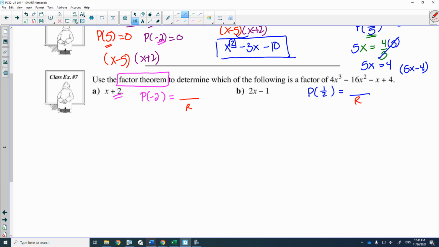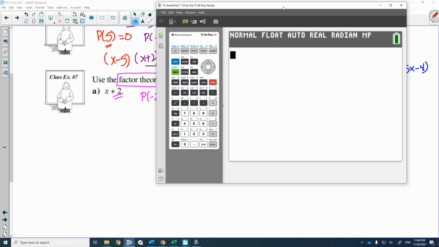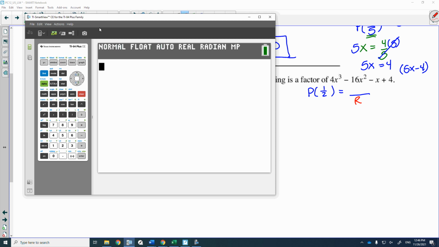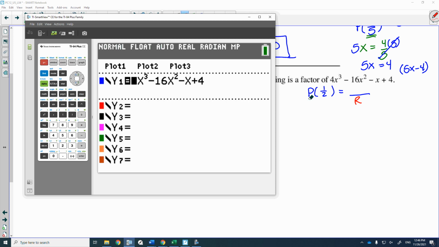The other way you could do this question, and it will be more helpful in later lessons when I ask you to figure out the remainder of a lot of different roots, is to take this polynomial and just as you see it, input it into y1 on your calculator. So take out your calculators, go to y is equal to, and input that polynomial.